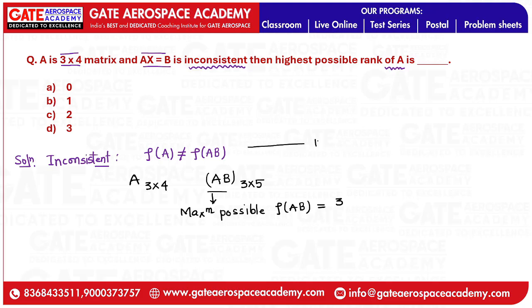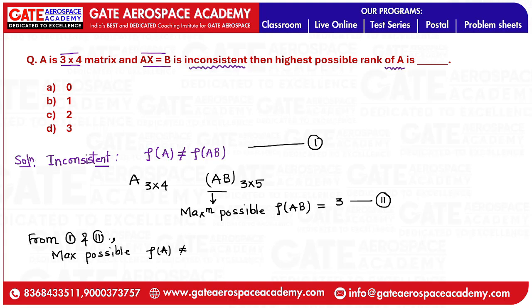Suppose this is equation 1 and this is equation 2. From 1 and 2, can we say that the maximum possible rank of A is not equal to 3?